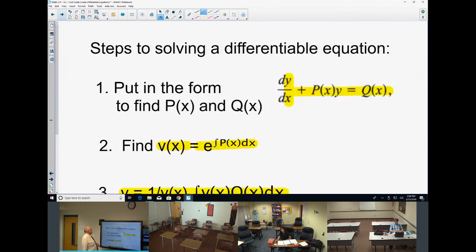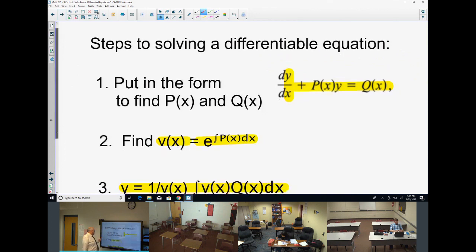Okay? So, steps to solving a differential equation. Number one, you put it in standard form, so dy dx plus p of x times y equals q of x, to find p of x and q of x. So that's what we did on the last problem, that was step one. Okay.